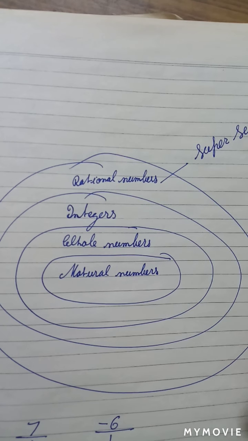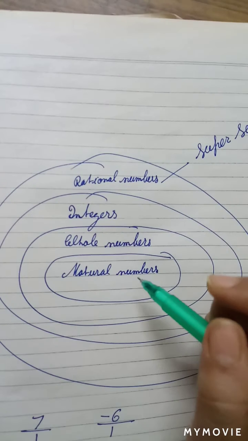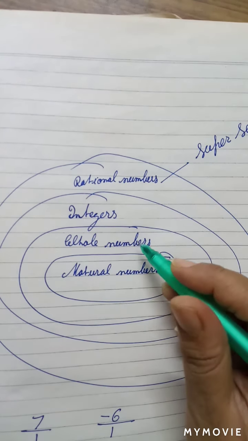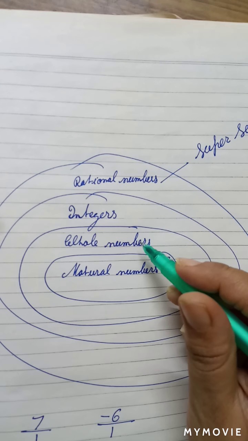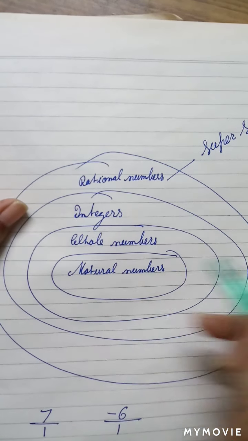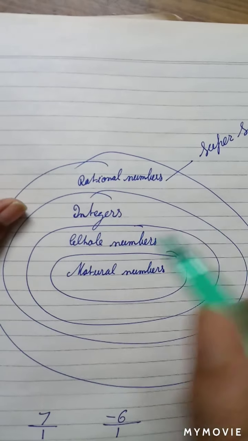Here I have a simple figure that will explain the concept. We have natural numbers, and natural numbers are a subset of whole numbers because natural numbers are all the counting numbers starting from 1 to infinite, and whole numbers are all the counting numbers along with 0.